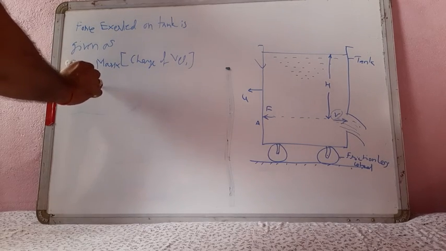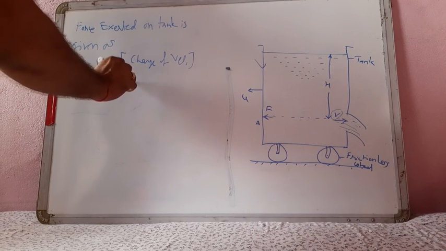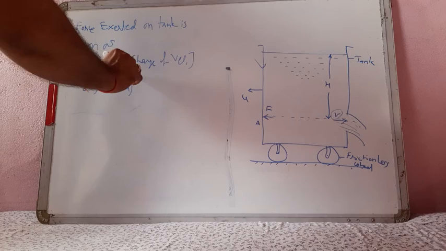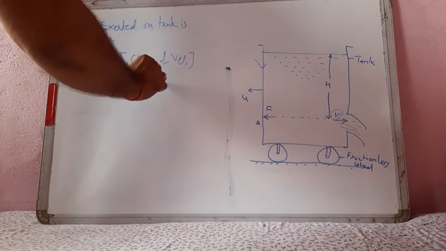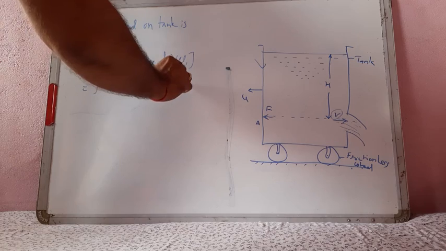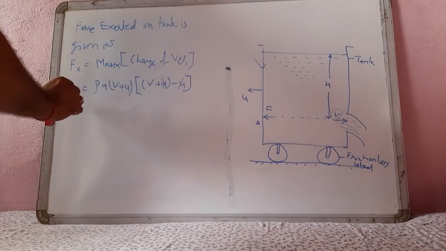So here this is rho A (V plus U) and the change of velocity is Vr minus u, that is (V plus U) minus U. So this U and U are cancelling.